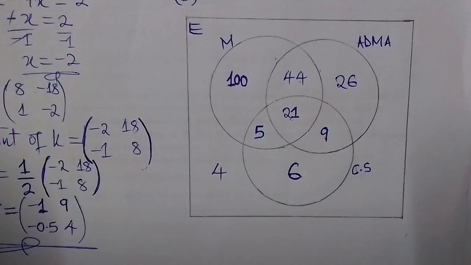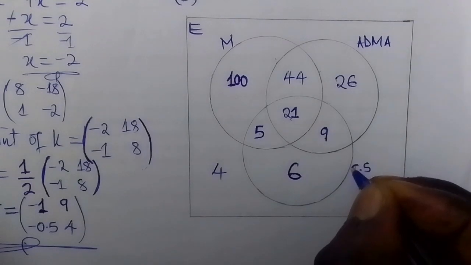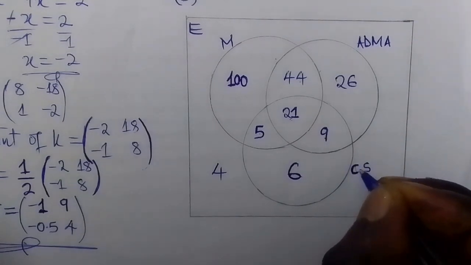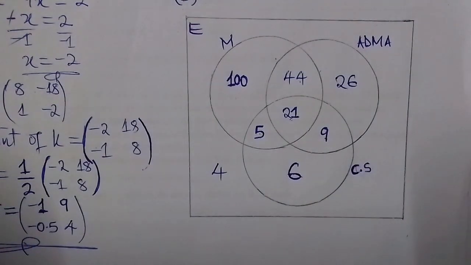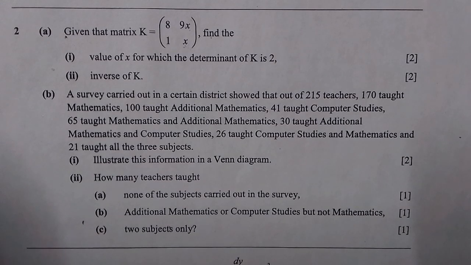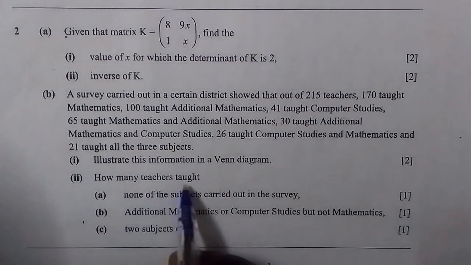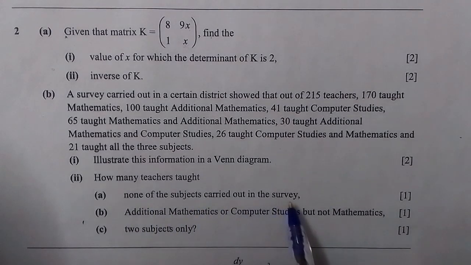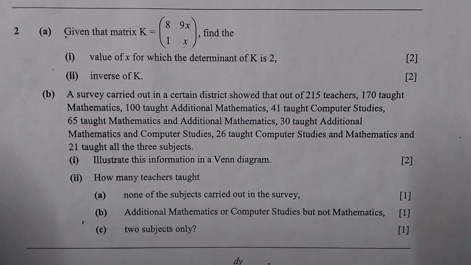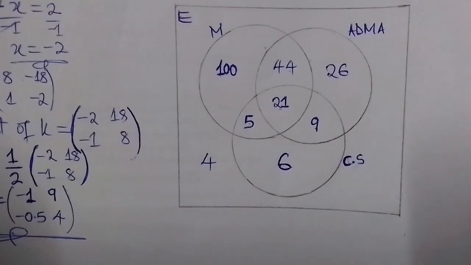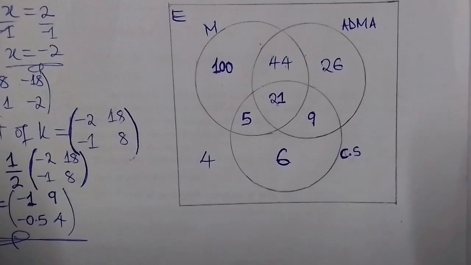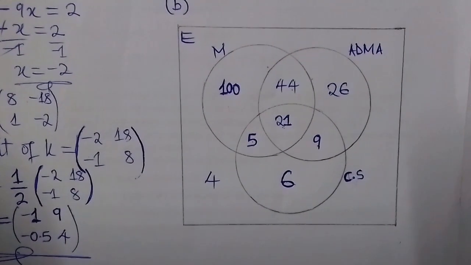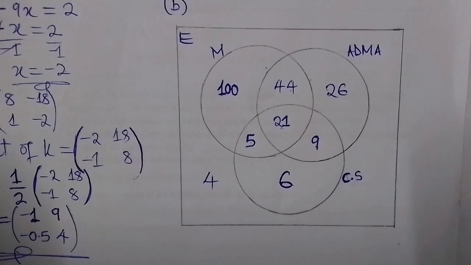So then let's answer the following questions. Roman numeral 2. How many teachers taught none of the subjects carried out in the survey? So 1 mark for this one. So if you look at the Venn diagram, how many teachers taught none of the subjects mentioned in this set?